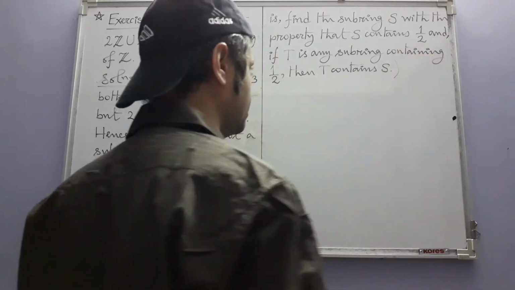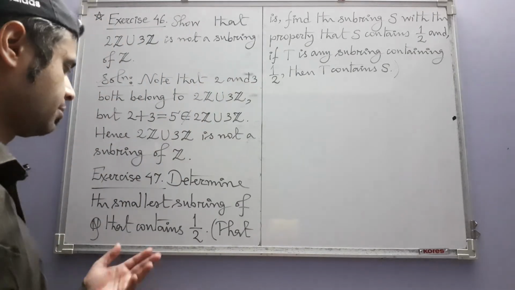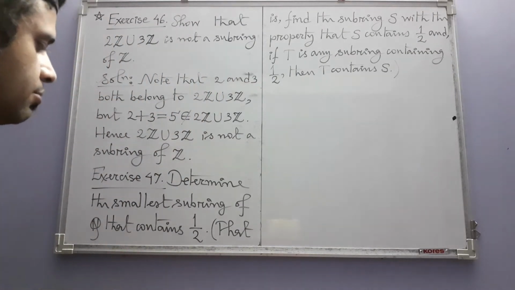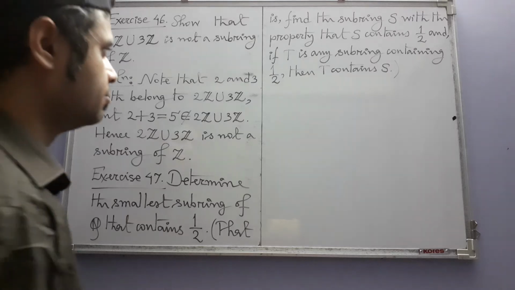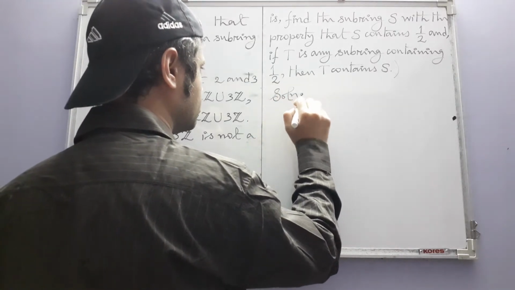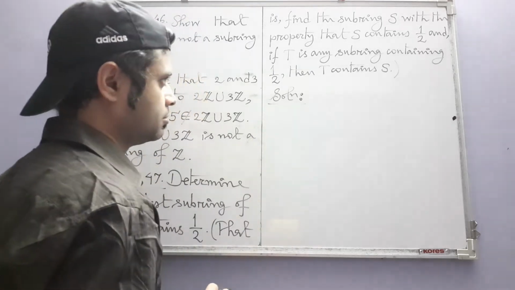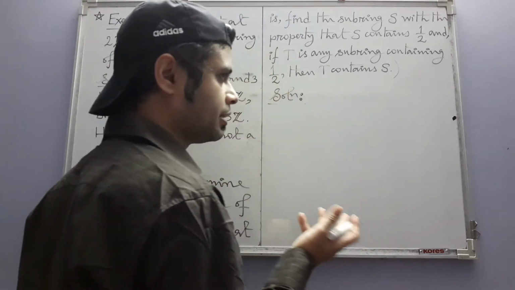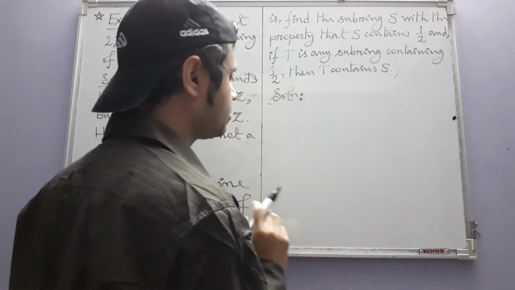That's what we mean by the smallest subring of Q that contains 1 over 2. So we are going to guess the subring, and then we will prove that it has the desired properties.